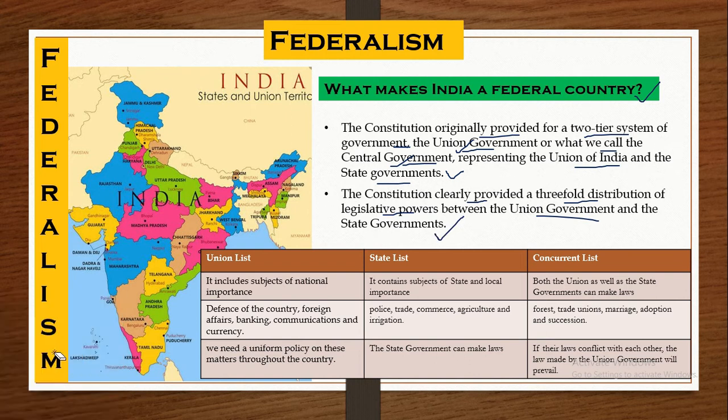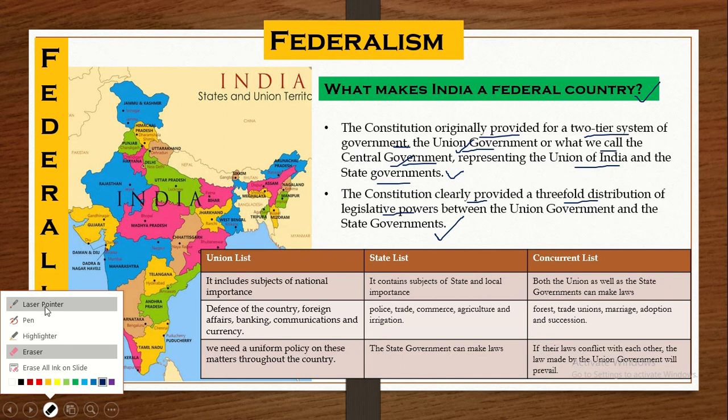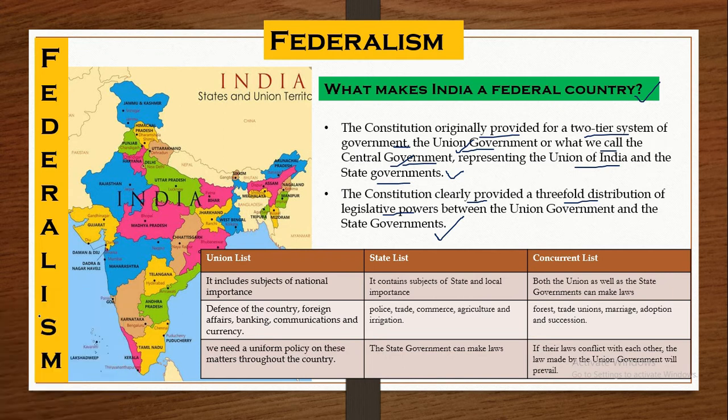Now we are going to learn about the threefold system of the union government as well as the state governments. Let us see what are the subjects that fall under union list, state list, concurrent list.